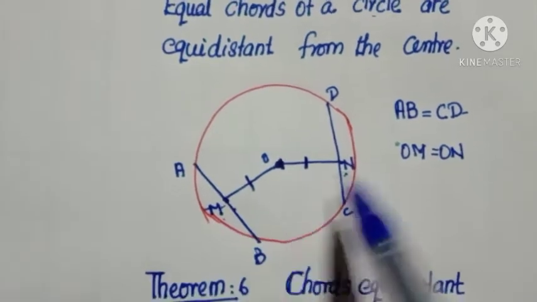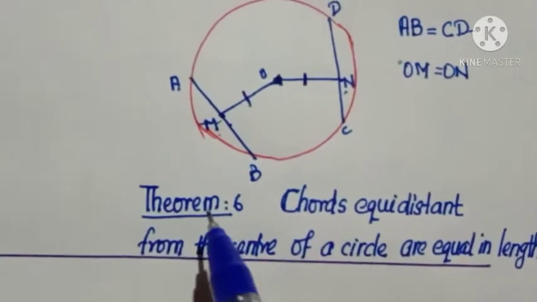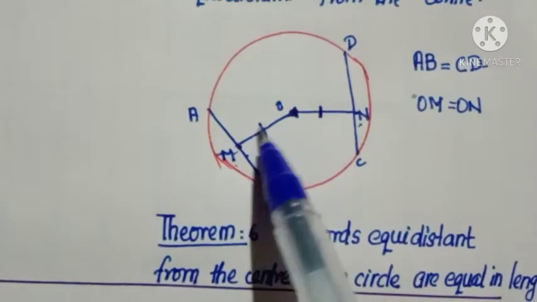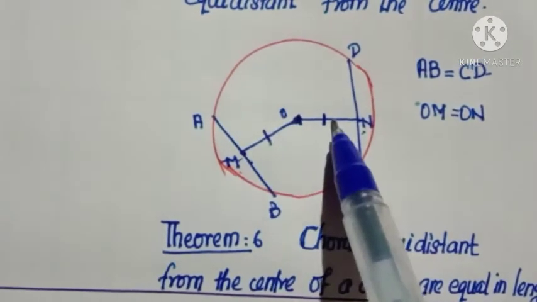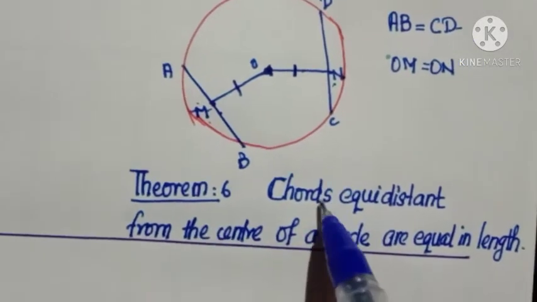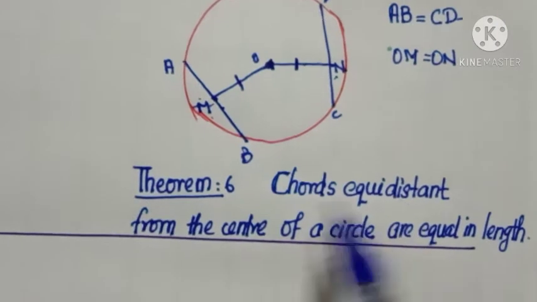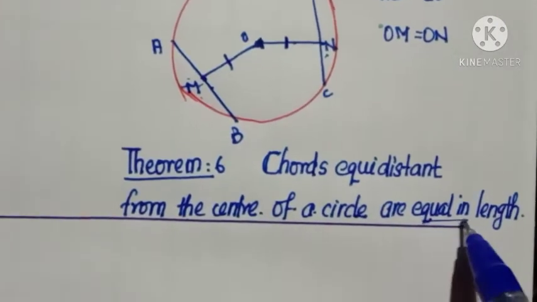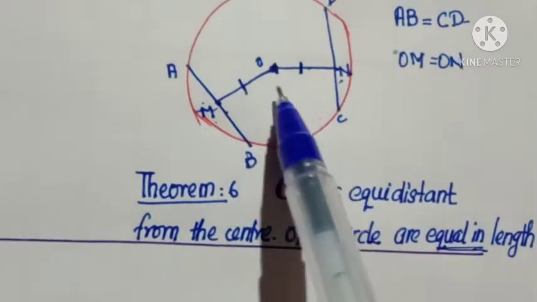Theorem number 6 is just the converse of theorem number 5. If these two distances are equal, then the chords are equal. That is theorem number 6. Listen: chords equidistant from the center of a circle are equal in length.